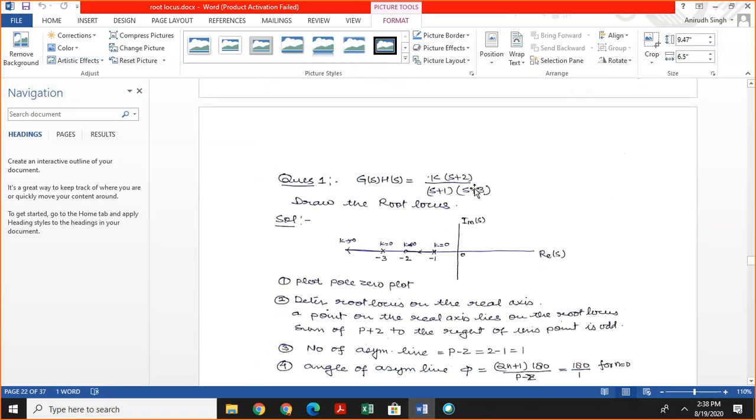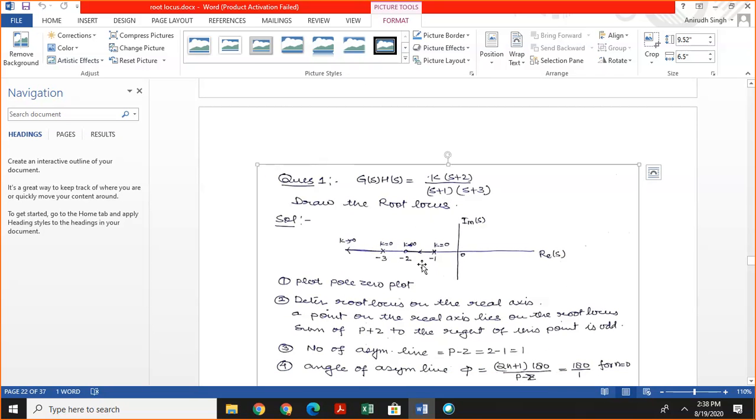One branch tends to infinity. The number of asymptotic lines, meaning lines that tend to infinity, is given by P minus Z. P is the number of poles and Z is the number of zeros. P is 2 and Z is 1. It means that only one branch tends to infinity.